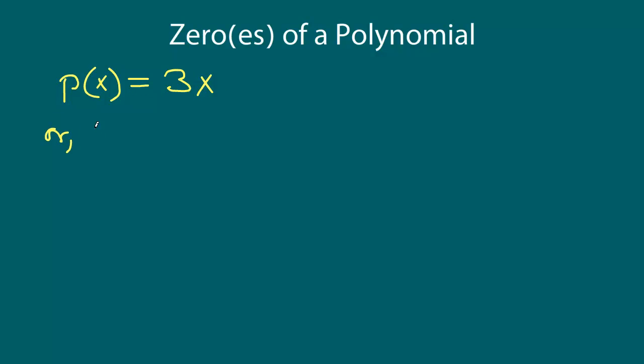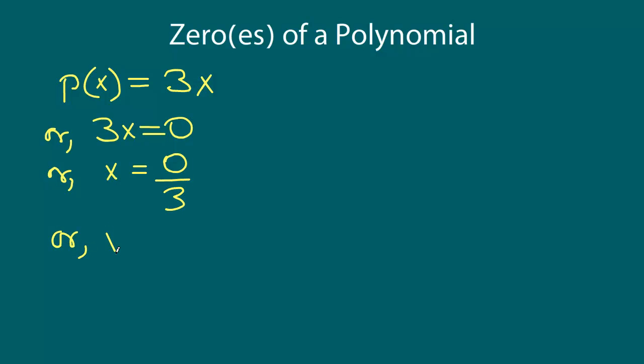Well, we will equate the polynomial to 0 and solve. So we divide both sides by 3, and we have x equals 0 by 3, or simply x equals 0. So in this particular example, the zero of this polynomial is actually 0. The number 0 is the zero of this polynomial.